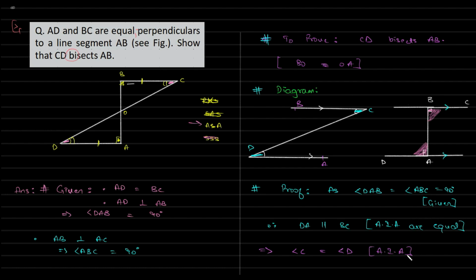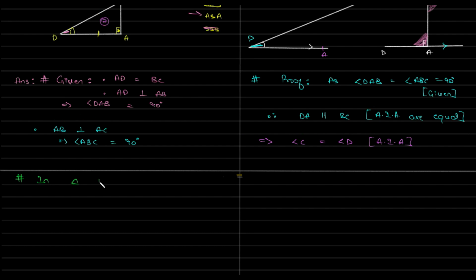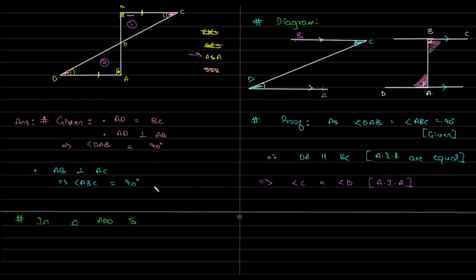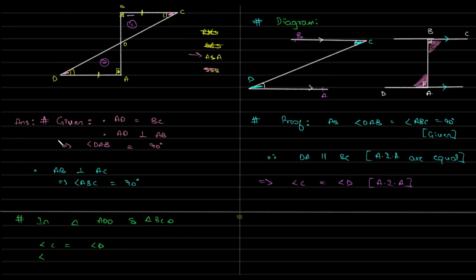So that is done. Then consider these two triangles, 1 and 2, and prove that they are congruent. In triangles ADO and BCO, we have angle C is equal to angle D. Then we need the included angle, right?